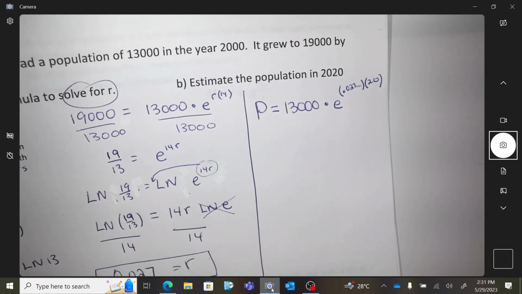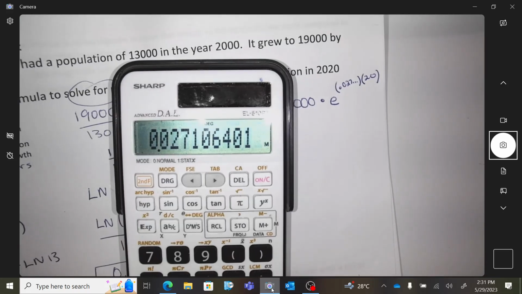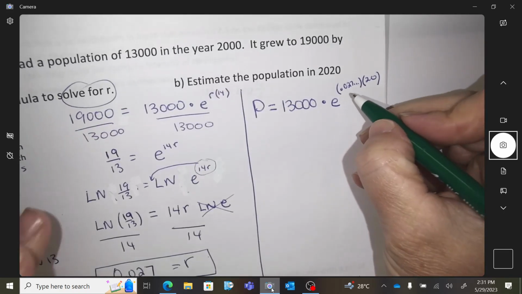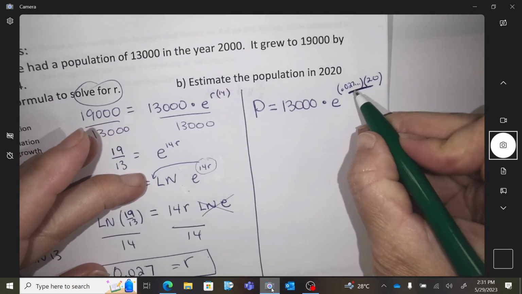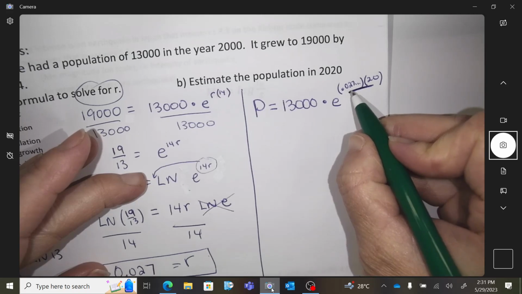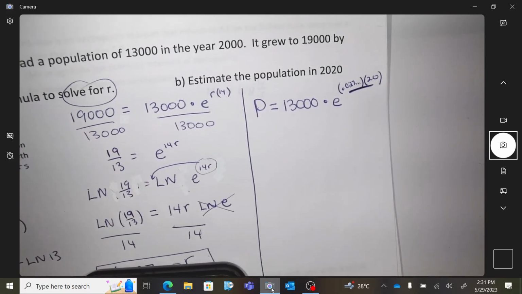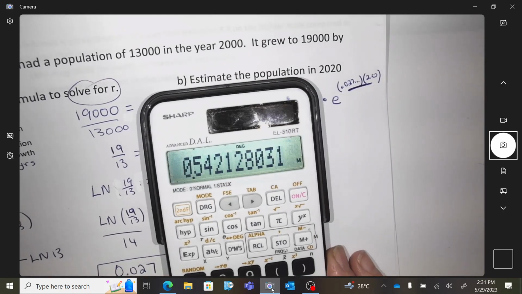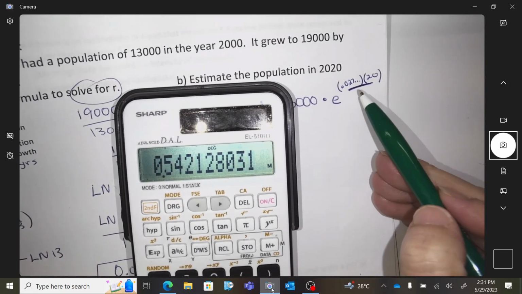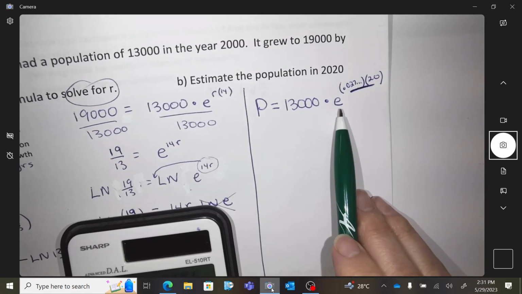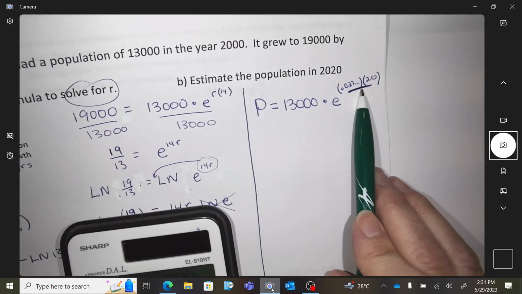Okay, here we go. This is in my calculator. Order of operations, what I'm going to do: I'm going to do that in my calculator, and I'm going to times it by 20. We're good? Now I need to do e to that number in my calculator, right?